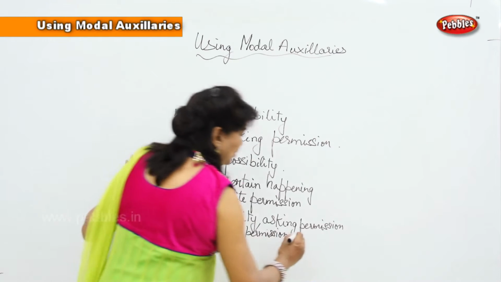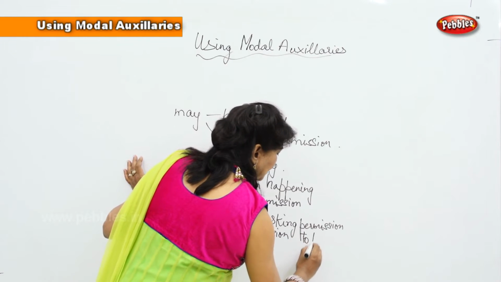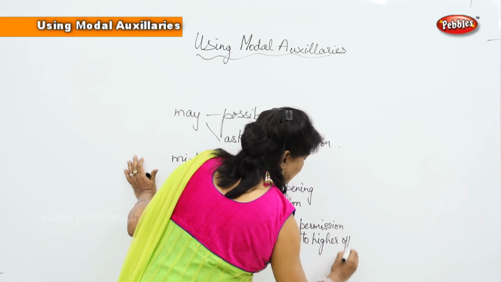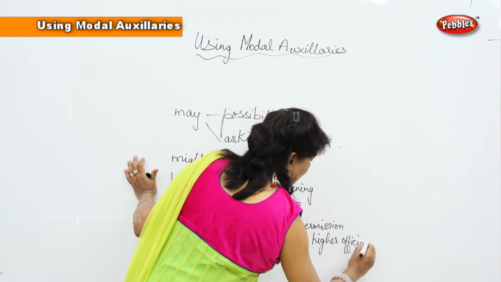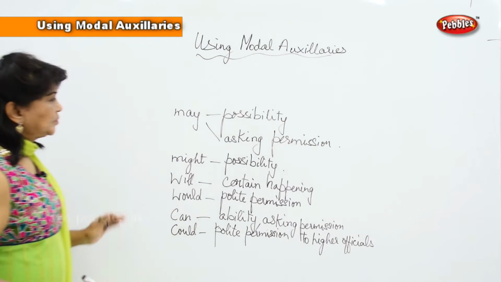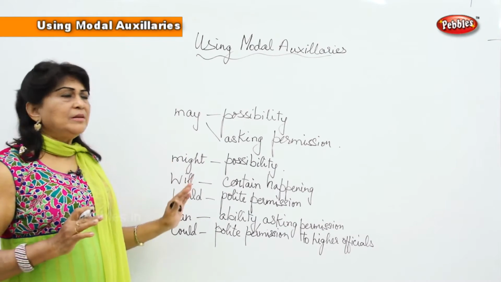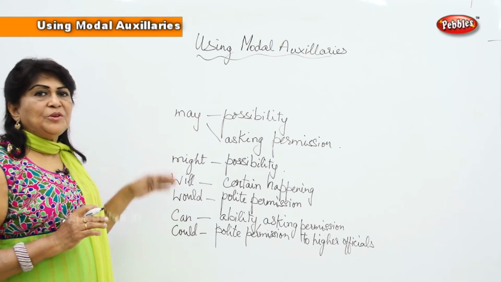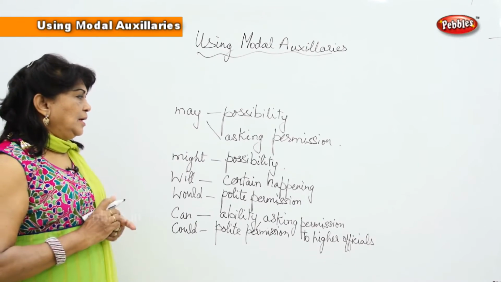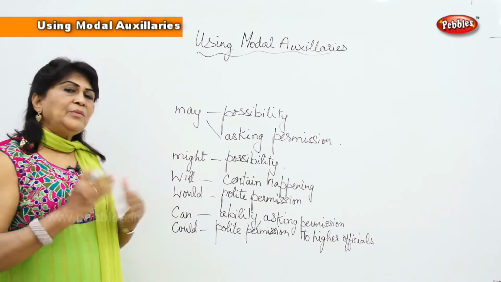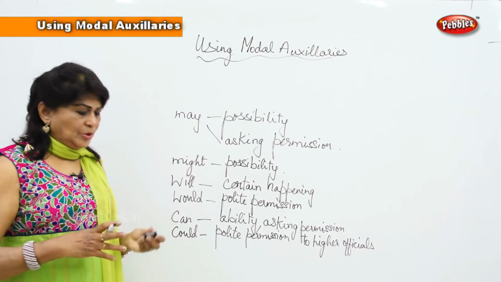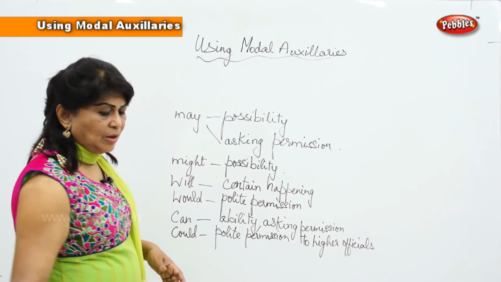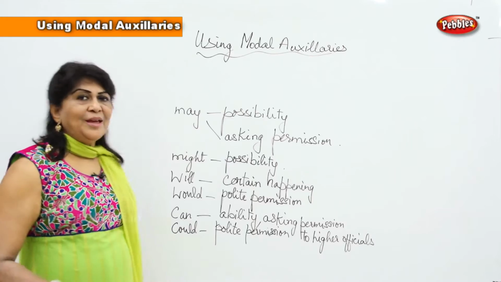Polite permission to higher officials. Okay. So, these are the general modal auxiliaries we are going to use now in dialogues, and let us see how we are using it. Then we will go to quasi modal auxiliaries, because these are very general ones that we use, and how to use it you should know.